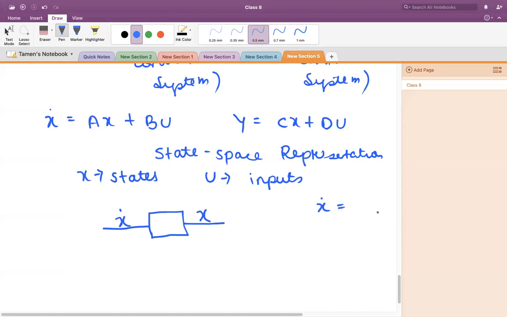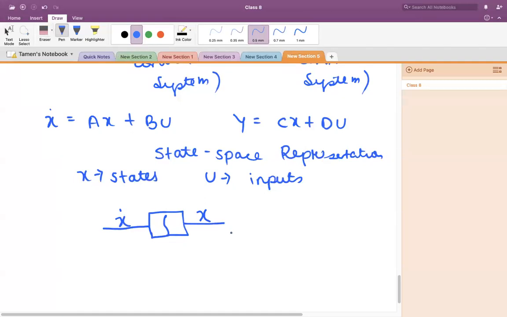X dot is dx by dt, differentiation with respect to time. So this is differentiation. In order to get back to the same position X, we have to integrate. So we get X back. So here we'll integrate it.